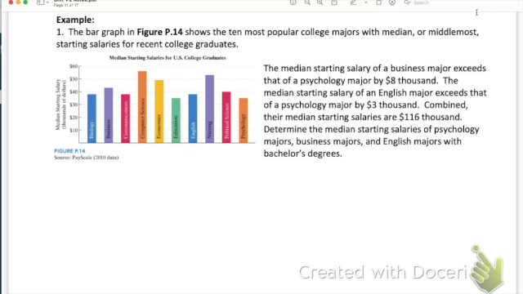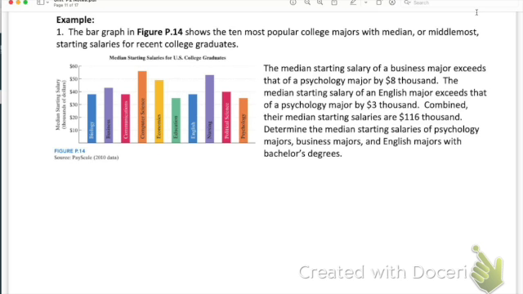So again, I look to the sentence. Determine the median starting salaries of each of these majors, okay? So I need to come up with each of these majors. Now, having 3 different variables makes for a very difficult problem. So I'm going to go back and check and see what information was I given. So it says the median starting salary of a business major exceeds that of a psychology major by $8,000.